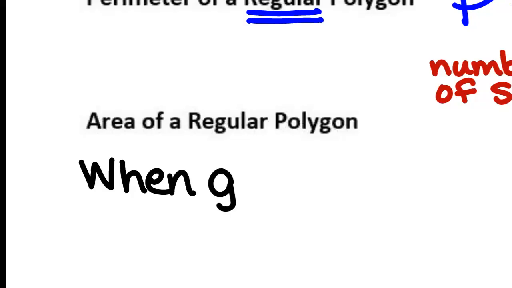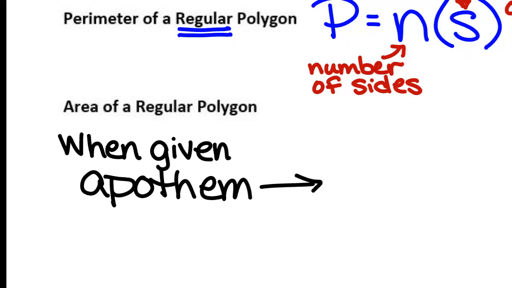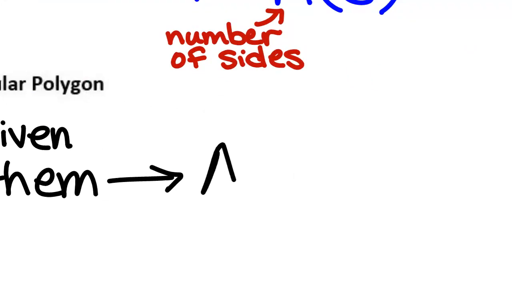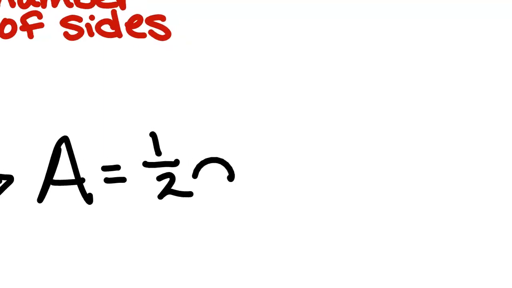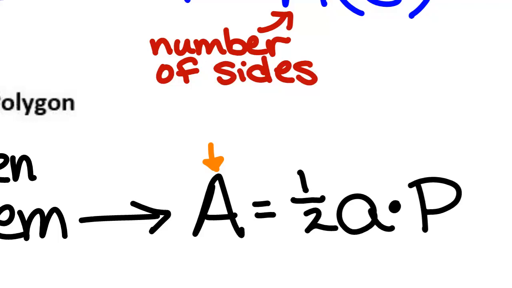When we've been given the apothem, then the formula that we use is capital A equals 1/2, lowercase a times capital P. The capital A stands for area.